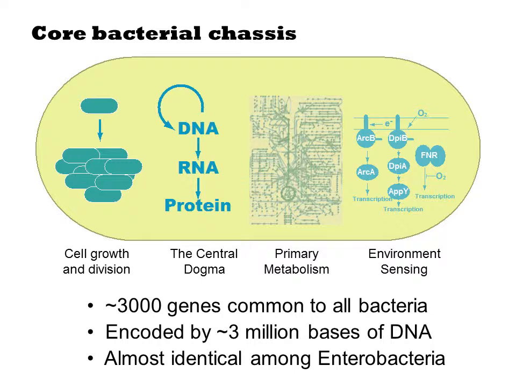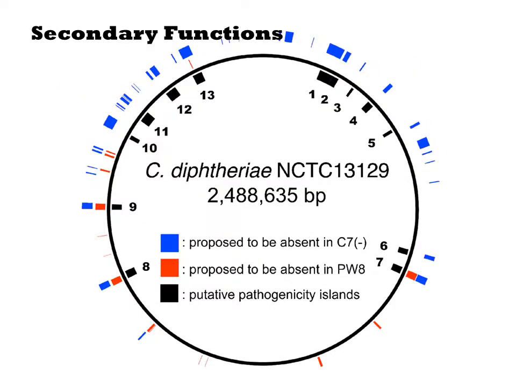If you compare these genes from one species to the next, you will see they are highly conserved. They are almost identical amongst the enterobacteria, and typically homologs of these genes or alternate solutions are present in all bacteria. Then there is the other stuff, which varies from strain to strain within one species.